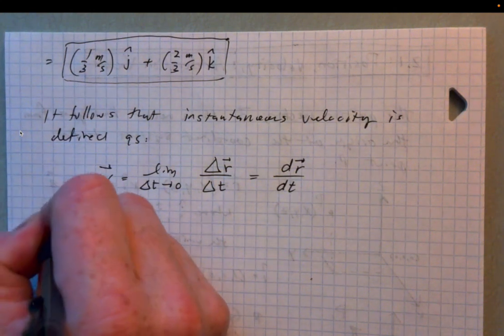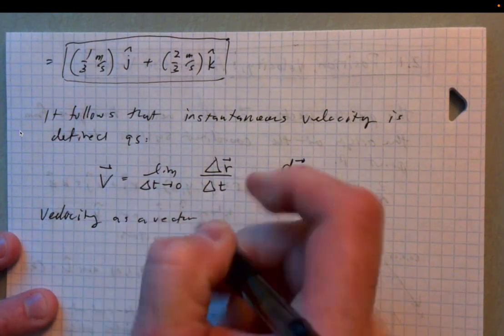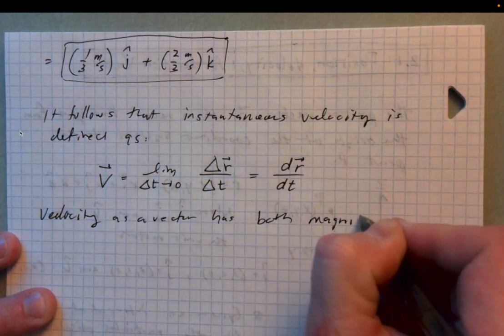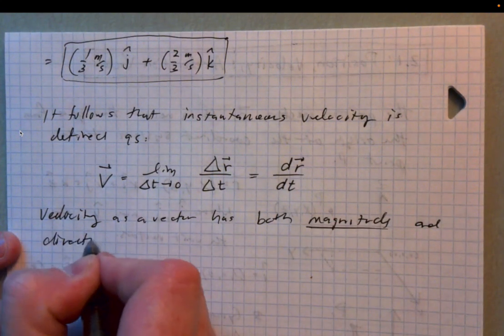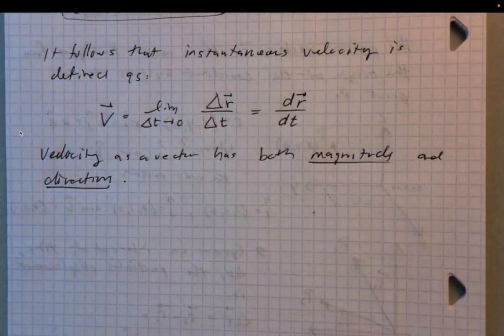So velocity as a vector has both magnitude and direction. That's the case with all vectors. We've specifically moved into space now, so we have to start thinking of velocity as having magnitude and direction, not merely being a synonym for speed.